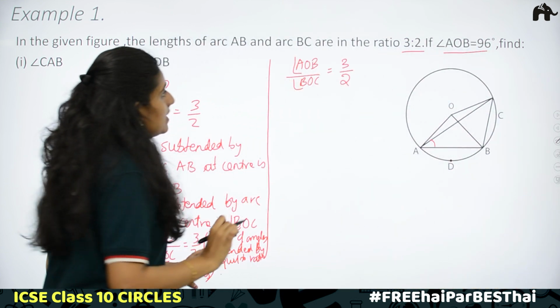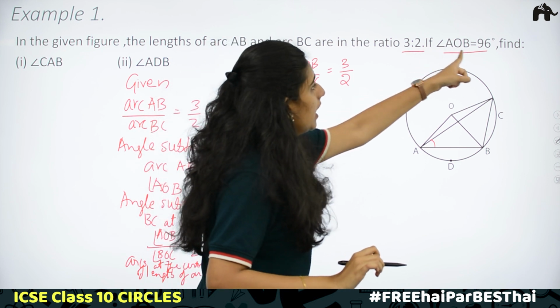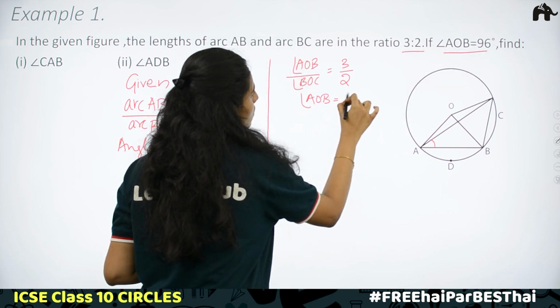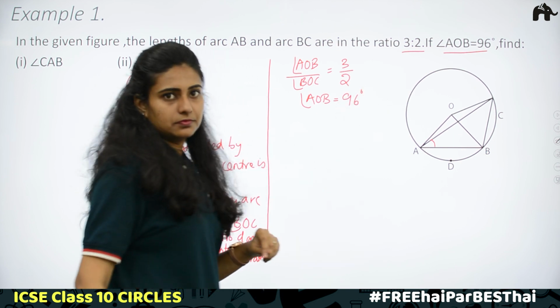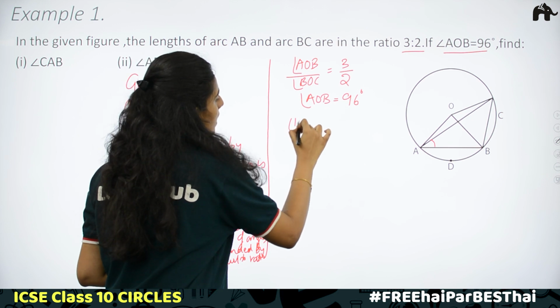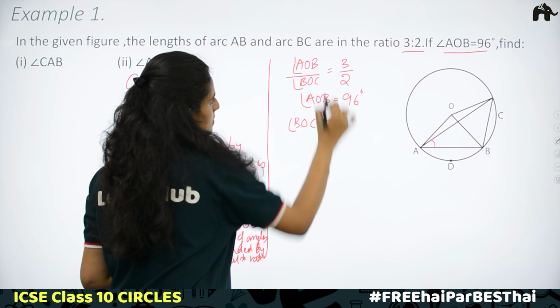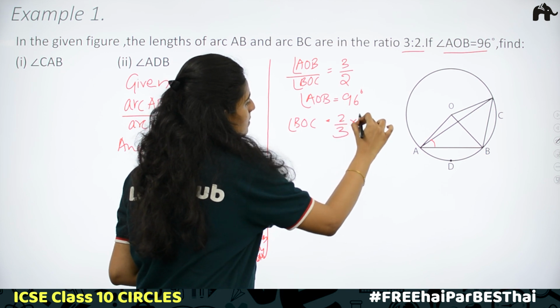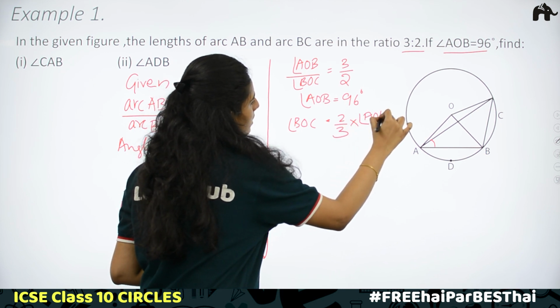Okay. Then what else is given? The measure of angle AOB is given. Angle AOB is equal to 96 degrees. Okay. If AOB is 96 degrees, we have angle BOC is equal to, on cross multiplying, 2 divided by 3 times angle AOB.